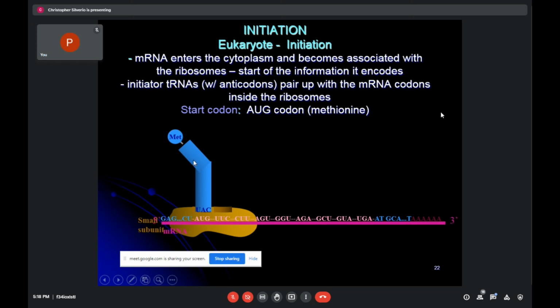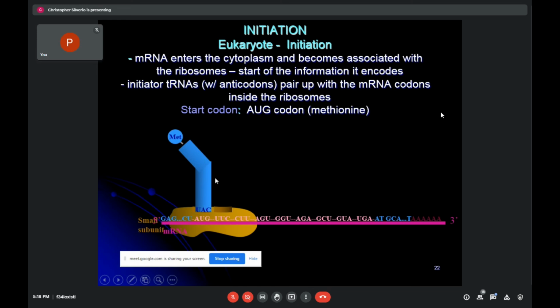The other one is the transfer RNA, which carries the amino acid and contains the anticodon at the lower end.